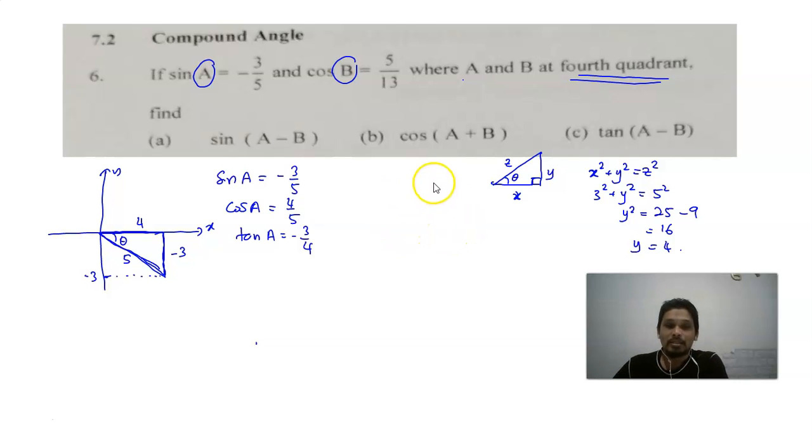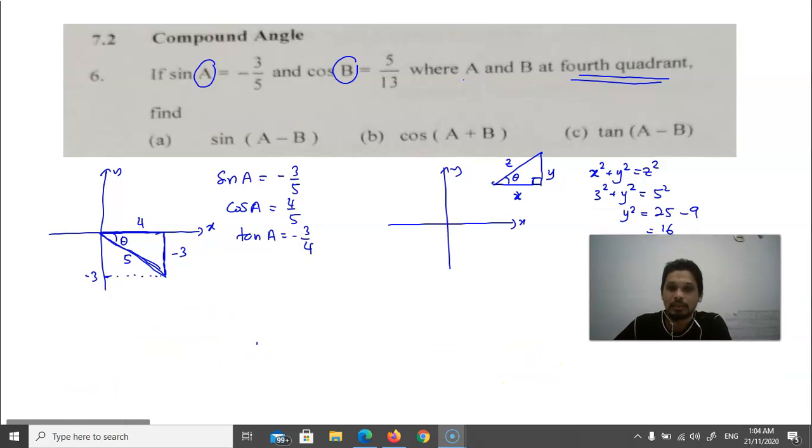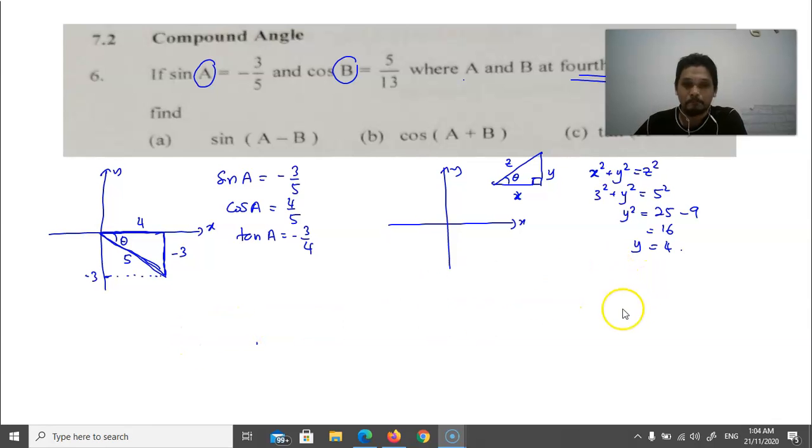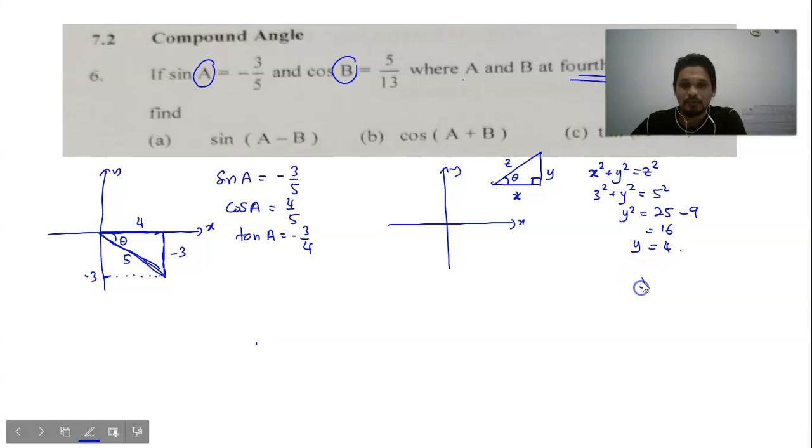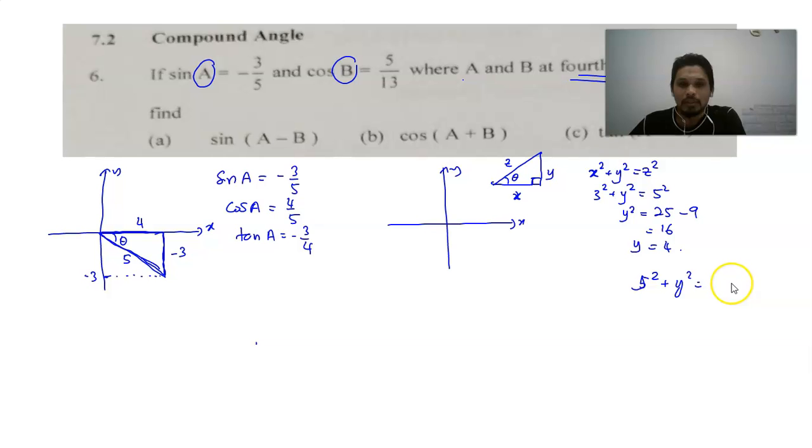Okay, and the second triangle is for B. Cos B equal to adjacent over hypotenuse, where adjacent is 5, so 5 squared plus y squared equal to 13 squared. So y squared equal to 13 squared, which is 169, minus 5 squared, which is 25, equal to 144, and y equal to 12.